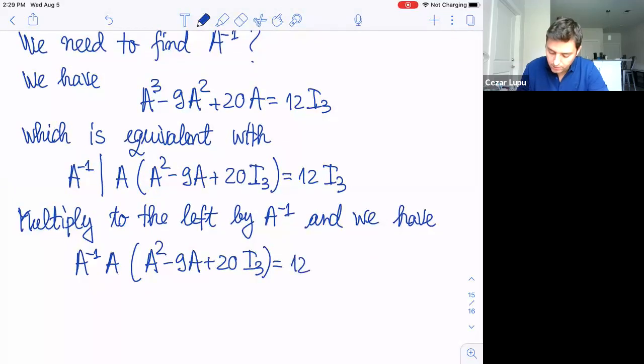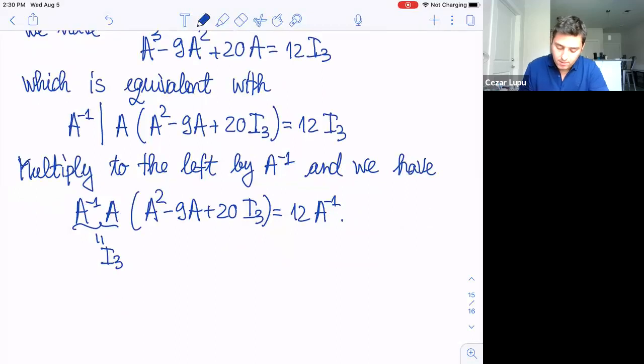It's 12 times A inverse, right? So now this guy here will be the identity.